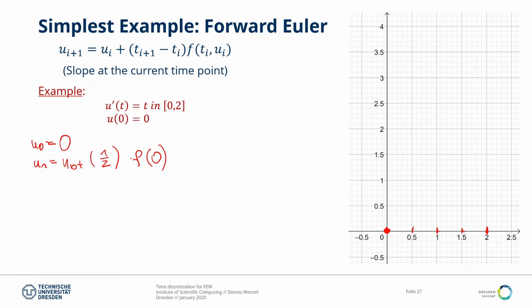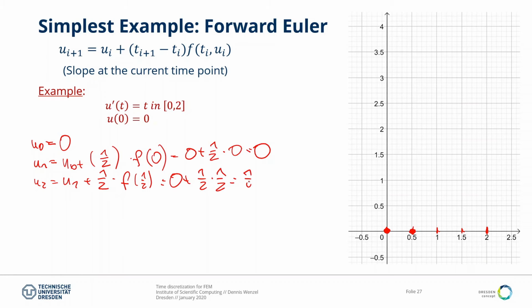And f does not depend on u in this case, so that's just 0 plus 1/2 times, and if I plug 0 into my right hand side, this is again 0, so that's just 0. So my second point is also here. Then u2 takes u1 plus, again, 1/2 times f of 1/2. So that's 0 plus 1/2 times 1/2, and that's 1/4. So you get your next point here.